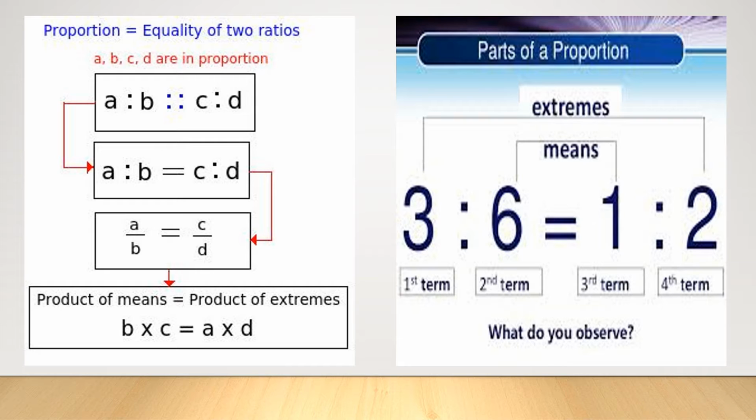So 3 into 2 is 6, and the product of means, 6 into 1, is also 6. So always, if the ratios are in proportion, then the product of means will be equal to the product of extremes.